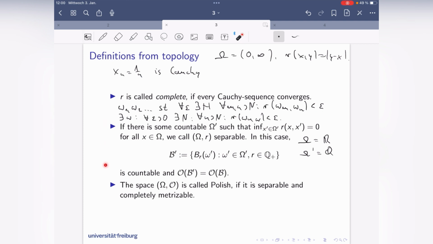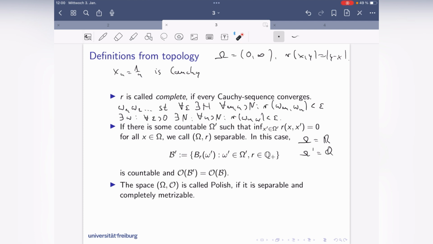That's an important case in measure theory because in this case you can do the following. You can have all balls with rational radius around all points in the separable subset. And this B prime here is a countable set, because omega prime is countable and Q plus is also countable.